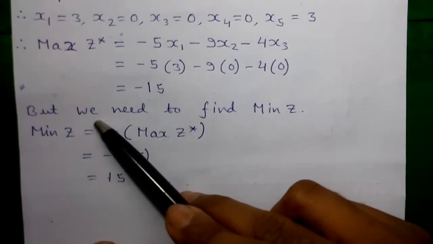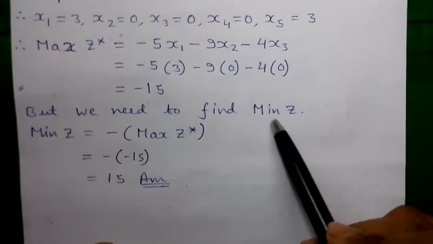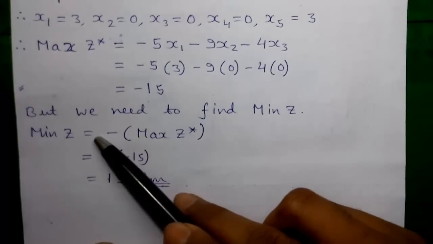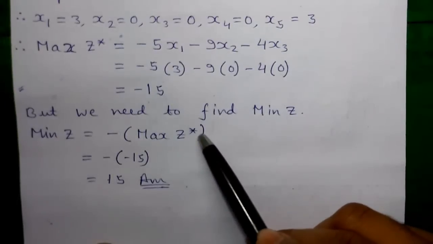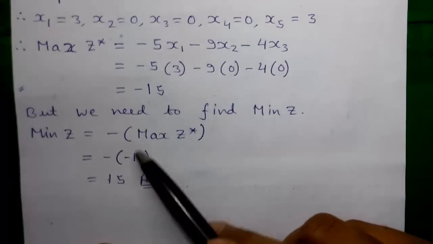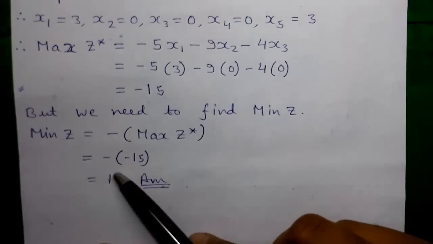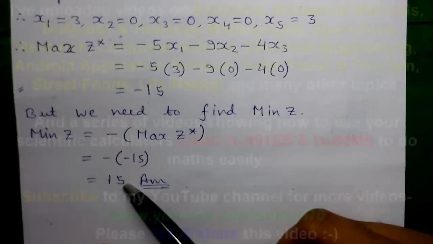But according to our question, our objective function was min z, so we need to find out the min z. So the min z we know equals minus of max z star. So the min z equals minus of minus 15, that equals plus 15, and this is our required answer.